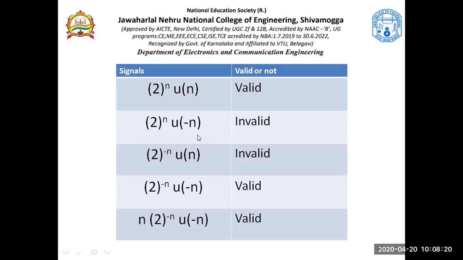Since this is a positive time exponential, you cannot have a negative sign attached with only one n. So there should be a negative sign attached to this also, or there should be no negative sign here also, as in this case. Get that point? So this is invalid. We cannot just go ahead with this because we have a minus sign here and a plus sign here, which is not a proper form to go with our Z transform.